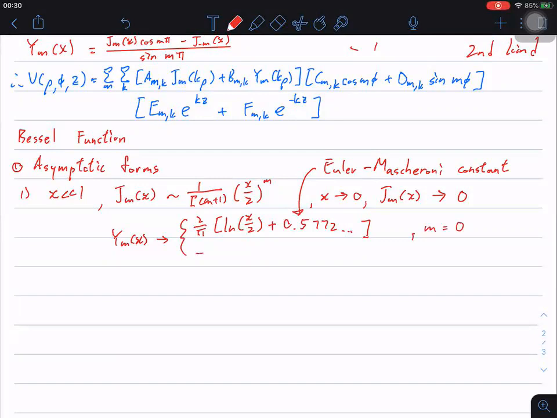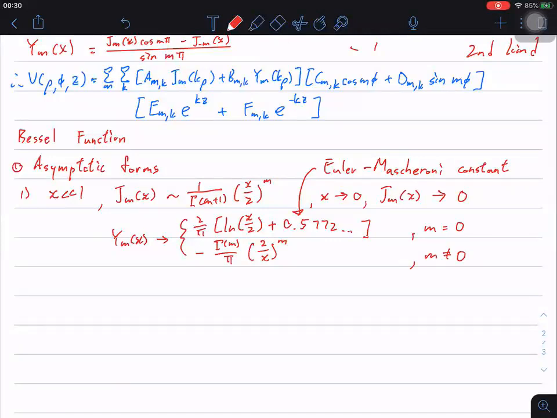And for m not equal to 0, the asymptotic behavior is like this. It's proportional to 1 over x to the power m. So this is for m not equal to 0.